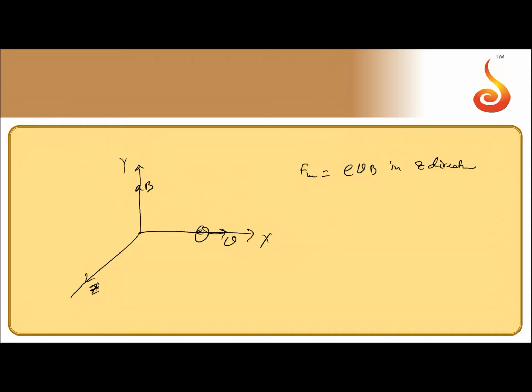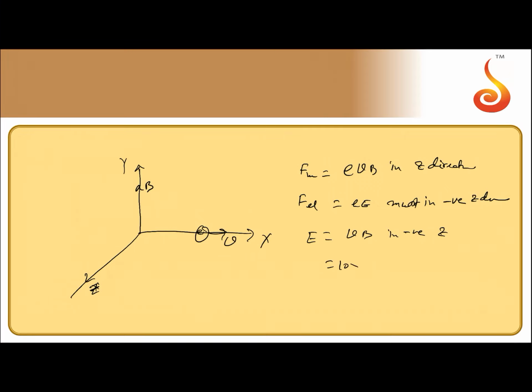So to keep it in equilibrium, the electrical force EE must be in the negative z direction. So E will be equal to V into B, first of all, in the negative z direction.